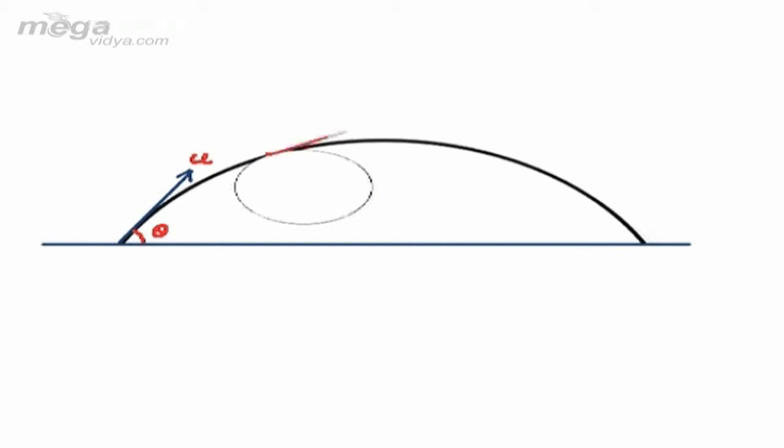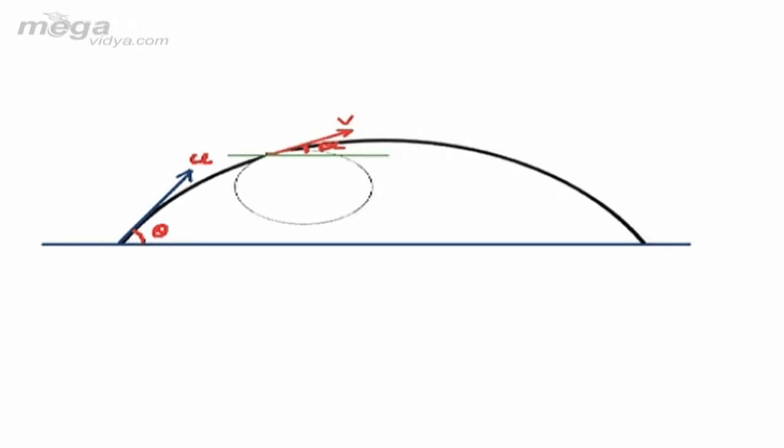We can easily say that v cos alpha is the horizontal component of this velocity. But as the horizontal component of the projectile's velocity during its flight always remains equal to u cos theta, which was the initial horizontal component of its velocity, we can get the instantaneous velocity of the projectile at this shown instant as u cos theta sec alpha.